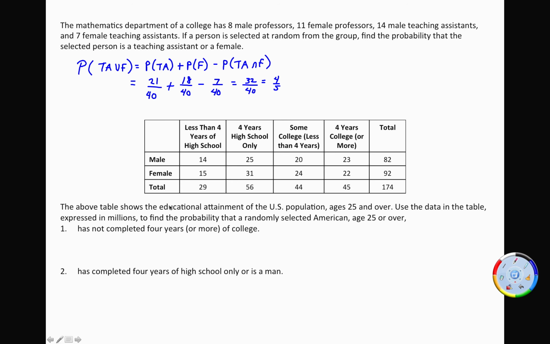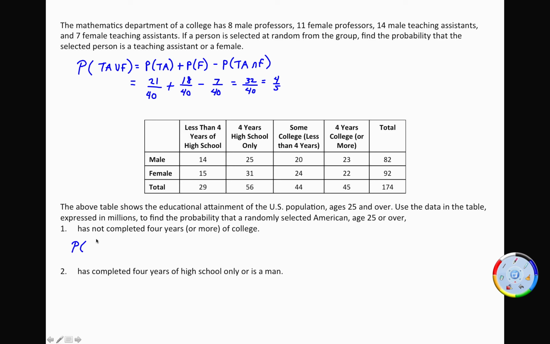The table above shows the educational attainment of the U.S. population ages 25 and over. Use the data in the table, which is expressed in millions, to find the probability that a randomly selected American aged 25 or over has not completed 4 years or more of college.